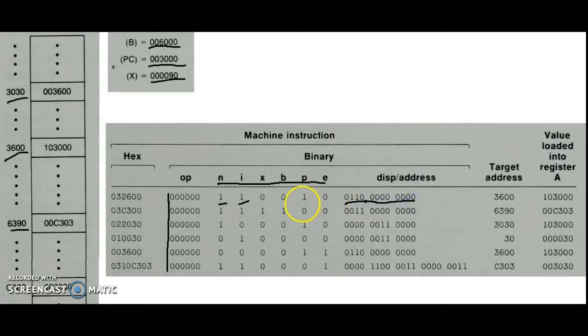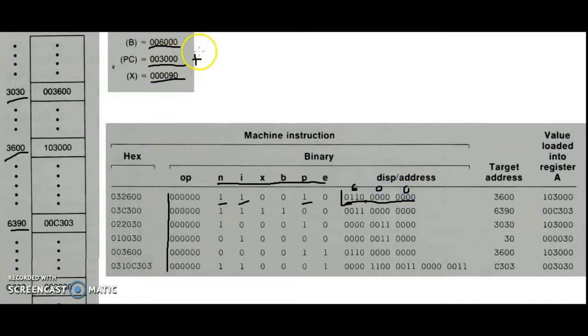Now here one more thing is given, that p is equal to 1, which means the value from the address field needs to be added to the PC. What is the value obtained from this displacement field? This is 6, and here 0, 0.